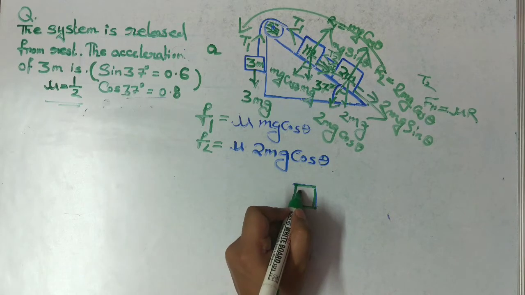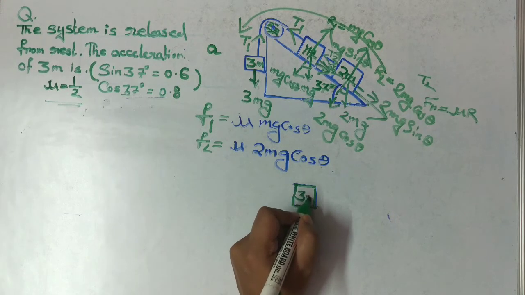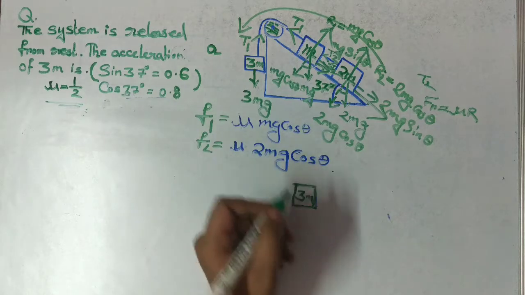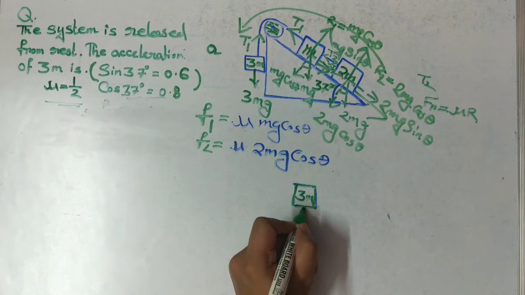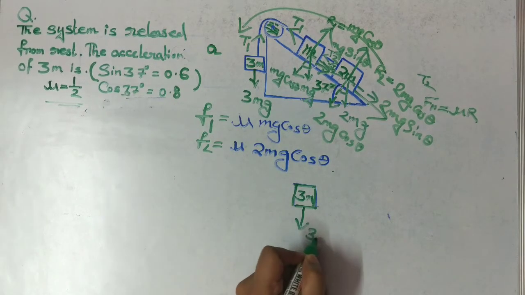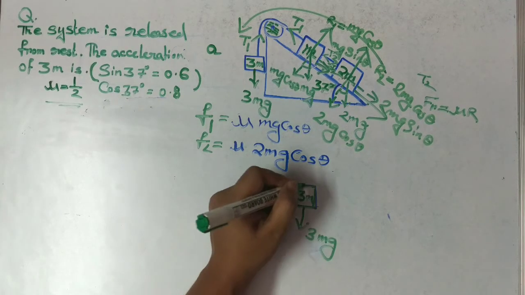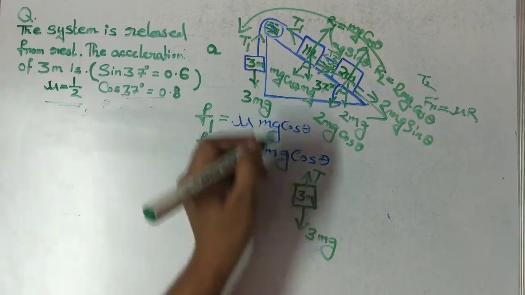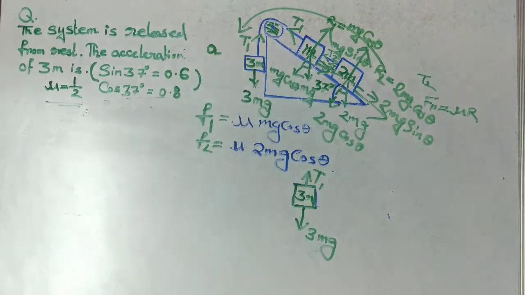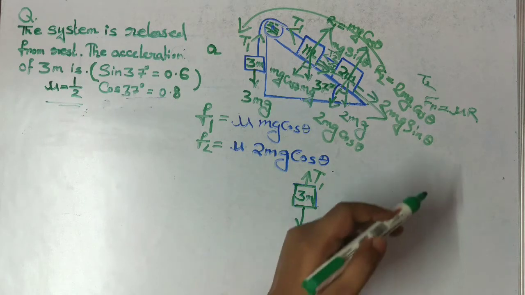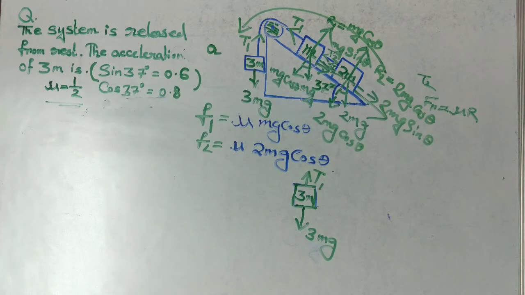So there is the 3m mass, right? For the 3m mass, the weight 3mg is working downward, and the tension force is T1. We can see that from this diagram. And as the whole system has an acceleration, we assumed a.